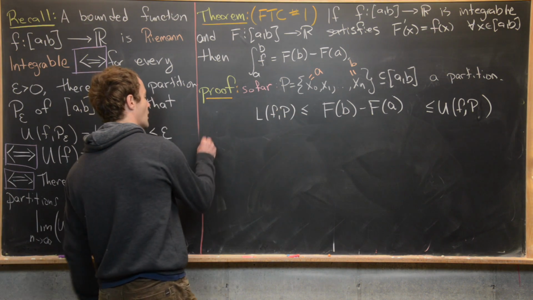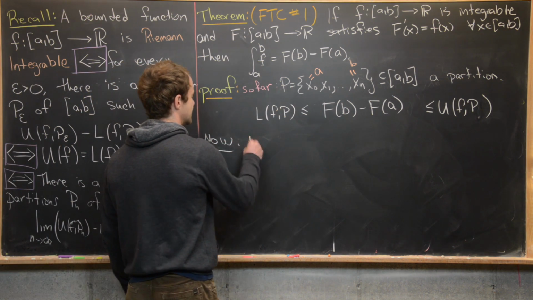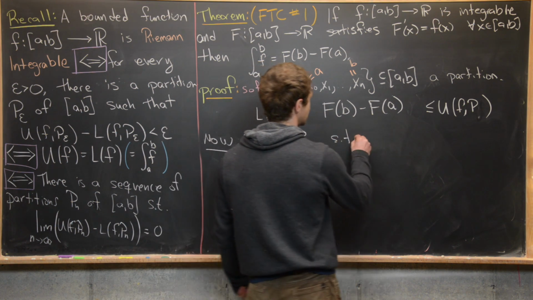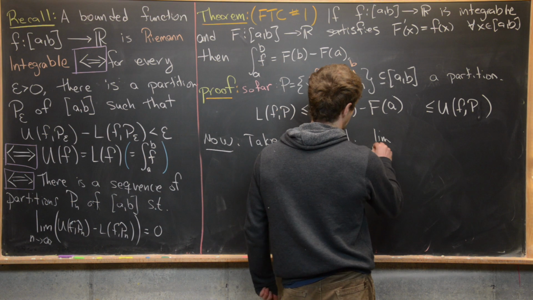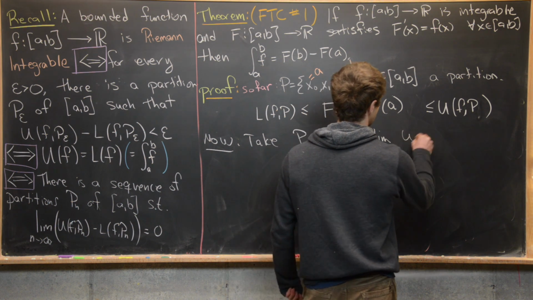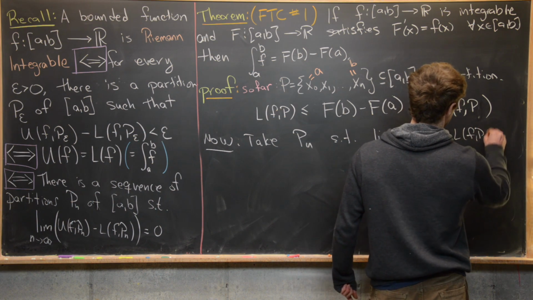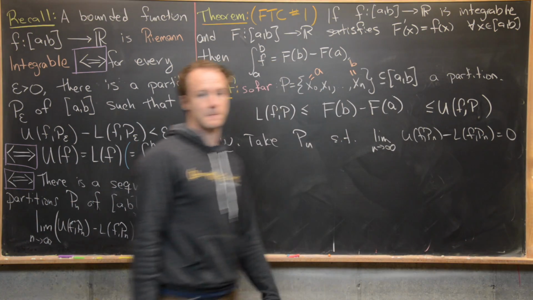Okay, so now what we'll do is take a sequence of partitions, Pn, such that the limit as n goes to infinity of Uf(Pn) minus Lf(Pn) is equal to 0.